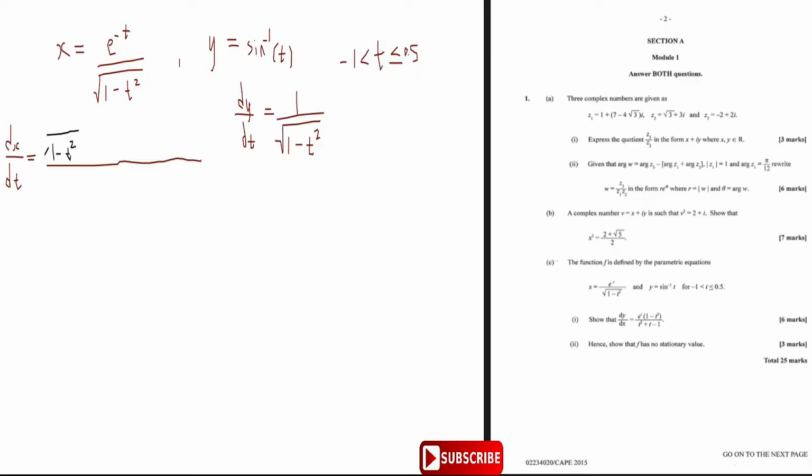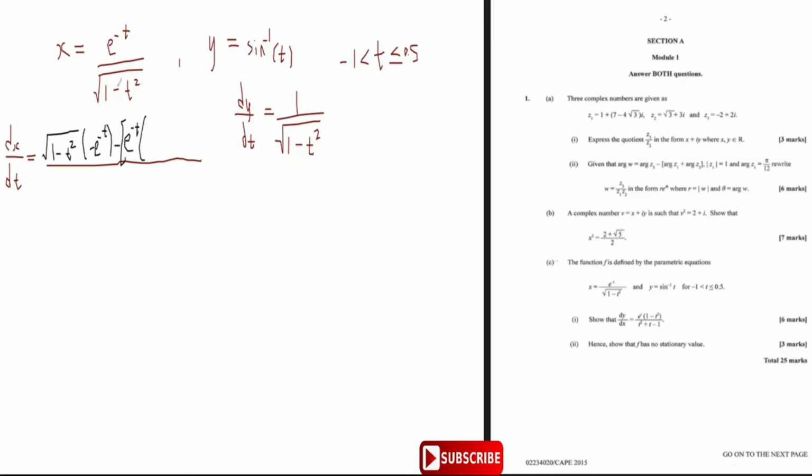You multiply it by the differential of the top. The derivative of the top is minus e to the minus t. Minus the top. The top is e to the minus t. So minus the top times the derivative of the bottom.